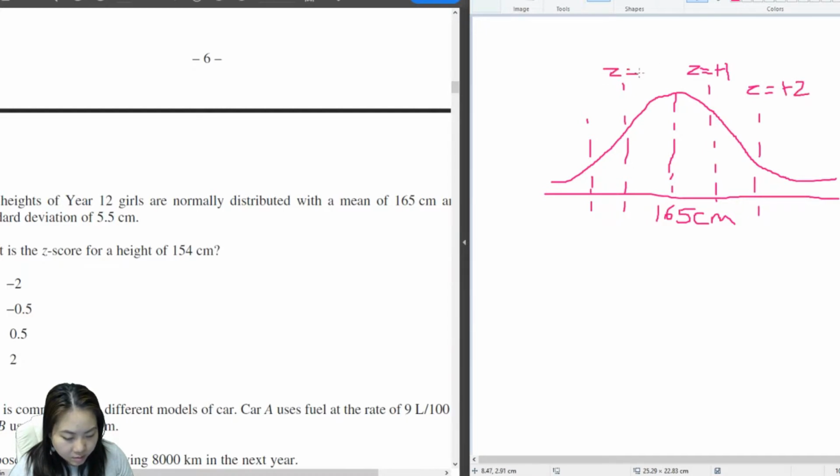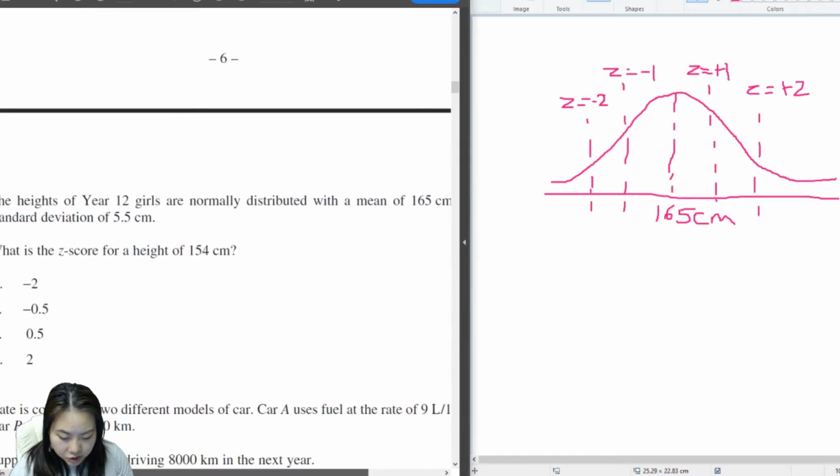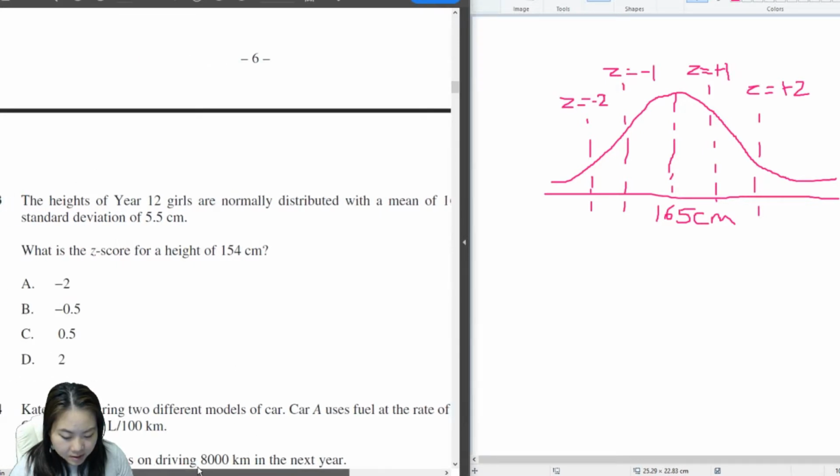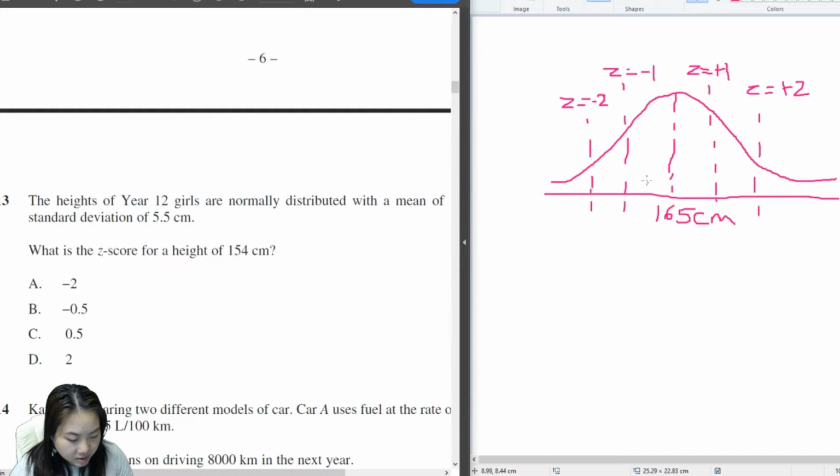This is a Z-score of -1. This is a Z-score of -2. To have a standard deviation of 5.5 centimeters, it means every single standard deviation to the left and the right of the mean will go up or down by 5.5 centimeters.